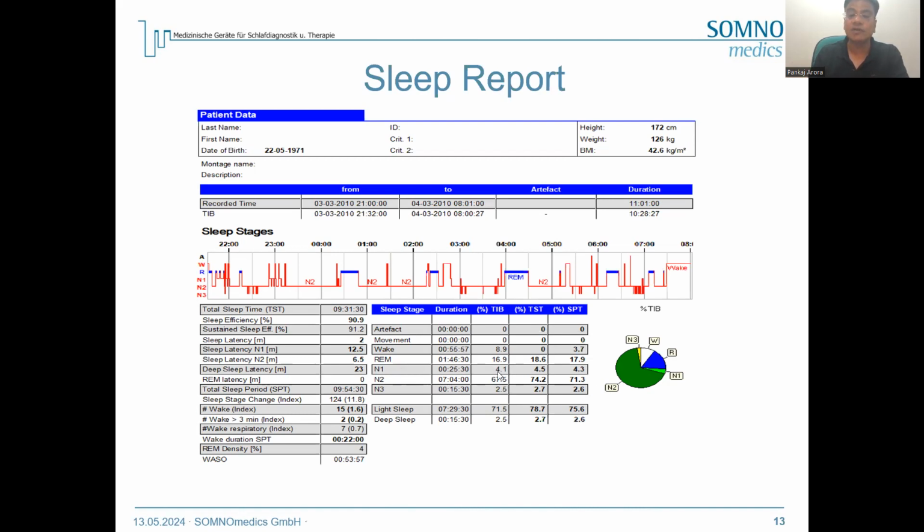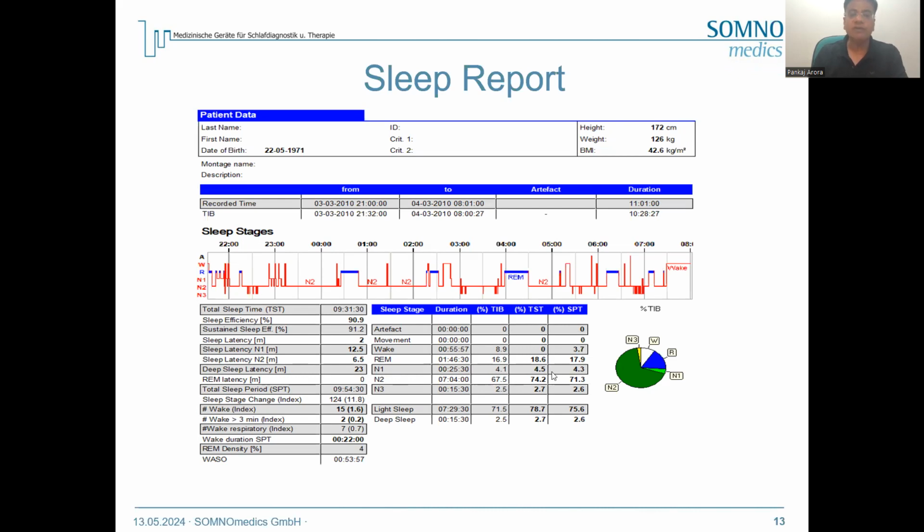It is 67.5%. And you will also appreciate that I told you that in the first half of the night, N3 stage covers the most, but here we can see there is no N3 stage, and that is the reason it is showing only 2.5% of time in bed.